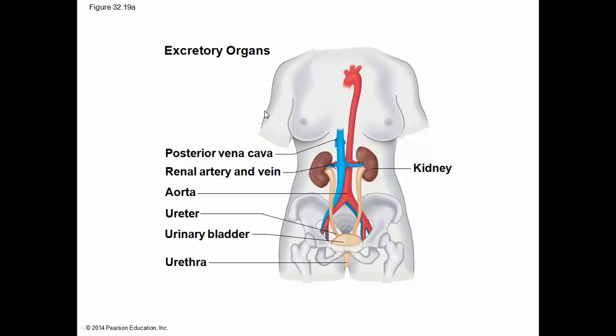In humans, the excretory system consists of a pair of kidneys, bean-shaped organs about 10 centimeters in length, as well as organs for transporting and storing urine. Urine produced by each kidney exits through a duct called the ureter, and the two ureters drain into a common sac called the urinary bladder.